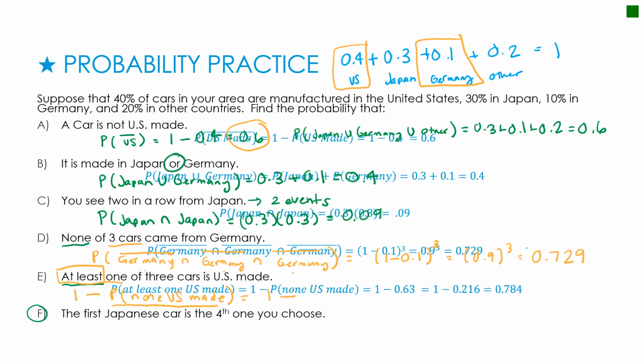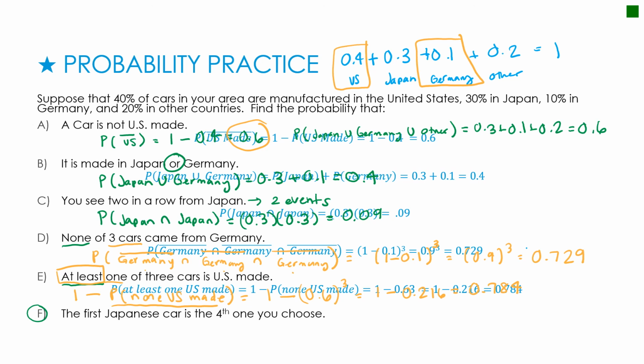I've already done that calculation, so I'm just going to use that 0.6, and I'm taking that to the third power. I could write 1 minus 0.4 and then that quantity to the third, but I don't want to get crazy with quantities. So now I'm taking 1 minus 0.216, which is 0.784. And that is my probability. At least one of the 3 cars is US made is 0.784 because I'm taking the complement that none of them were US made.